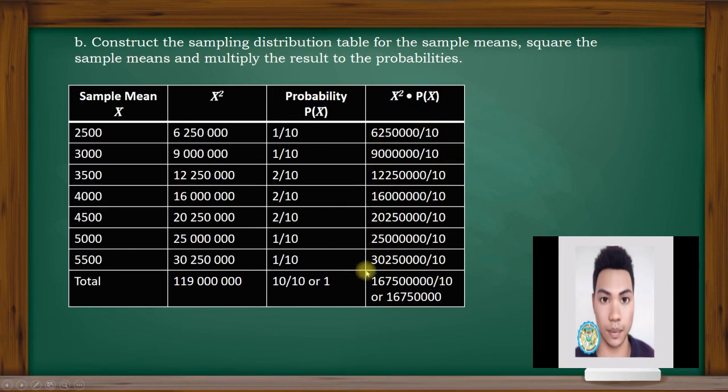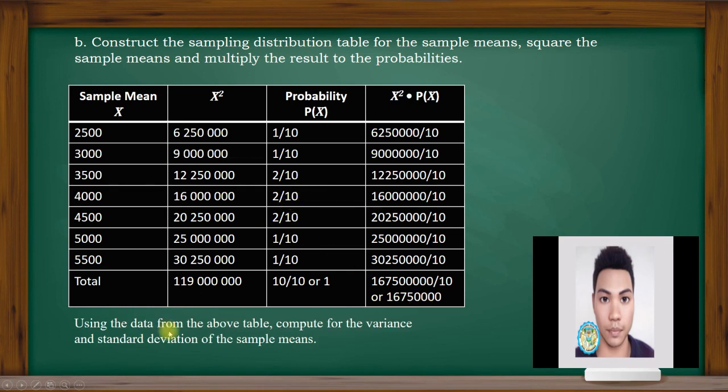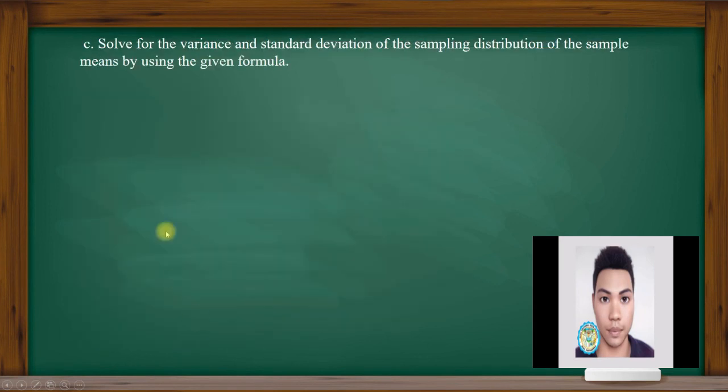Okay, and then just add them. So ang magiging sagot natin dito is 167,500,000 over 10 or 16,750,000. So using the data from the above table, compute for the variance and standard deviation of the sample means.